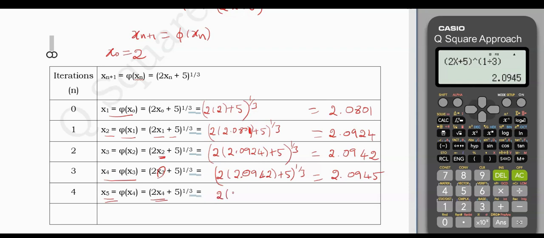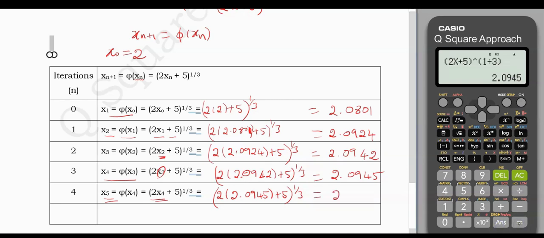Here 2 into 2.0945 plus 5 whole power 1 by 3, and from the calculator, instead of typing 2.0945 we can press the answer button.